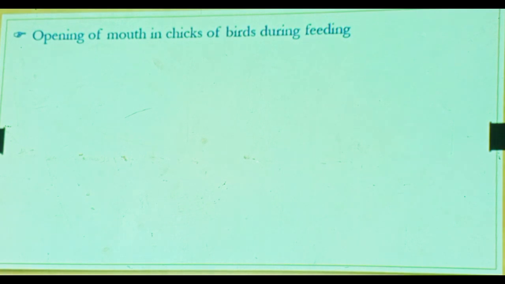And the other is the opening of beaks in chicks during feeding, when the mother brings food and they open their beaks in order to receive food from the mother. Therefore, this itself is instinctive. No one taught the chicks how to receive food from their moms. In some birds, some part of this behavior may be modified, though it is instinctive, of course.